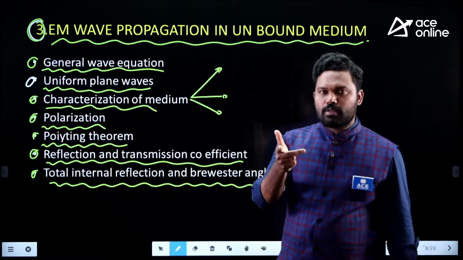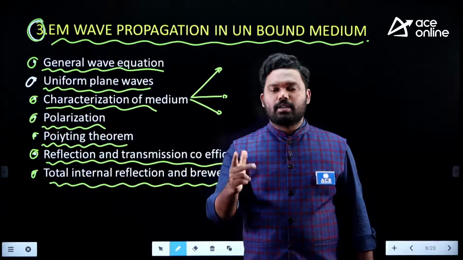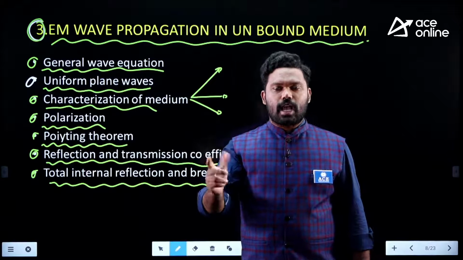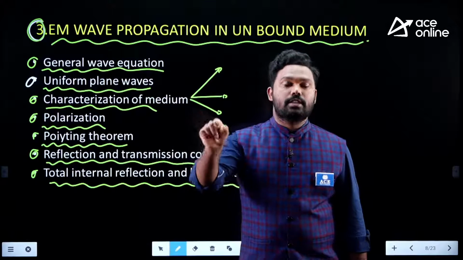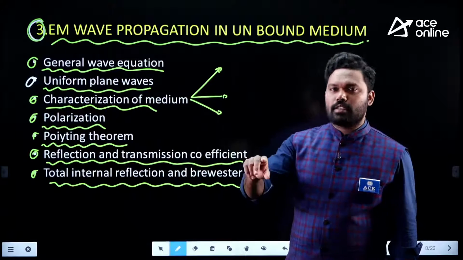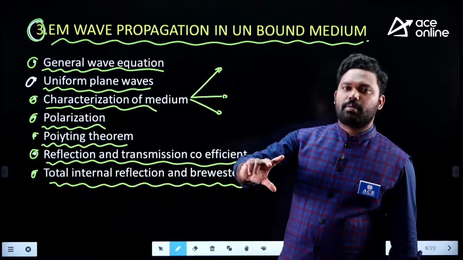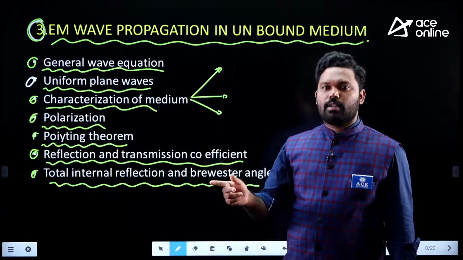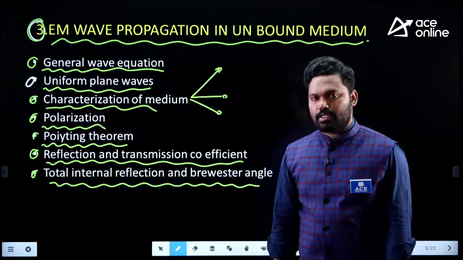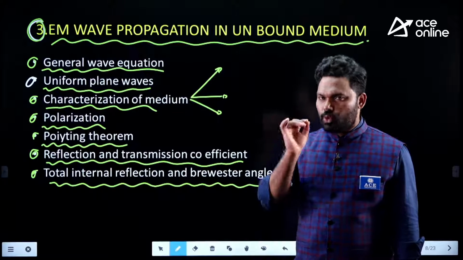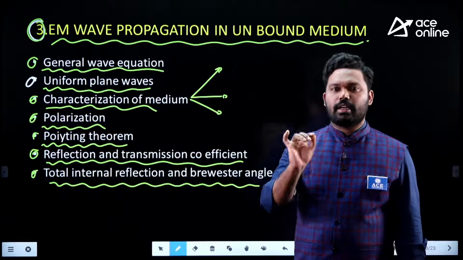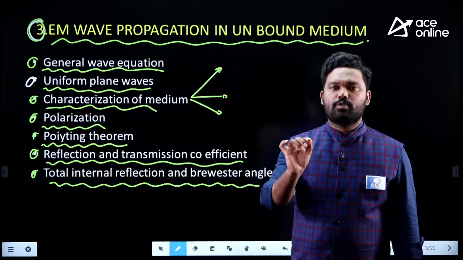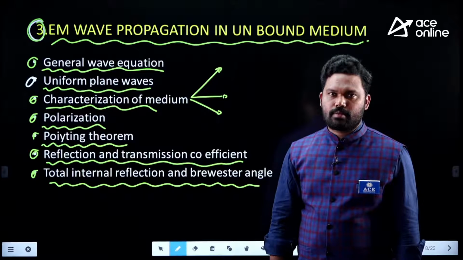Or to put it in simple words, electric and magnetic fields are perpendicular to each other and their magnitudes are changing in the third perpendicular direction. Or in other words, electric and magnetic fields are perpendicular to each other and they're propagating in the third perpendicular direction.